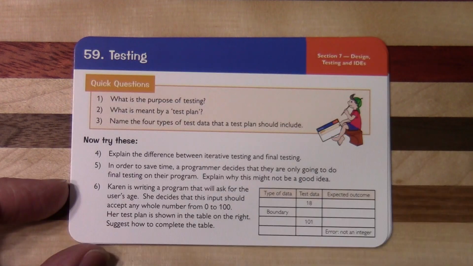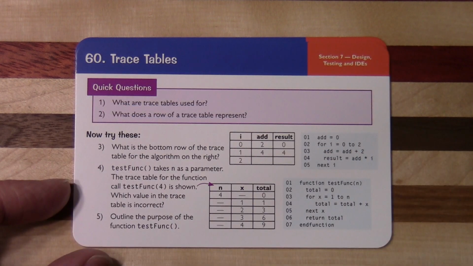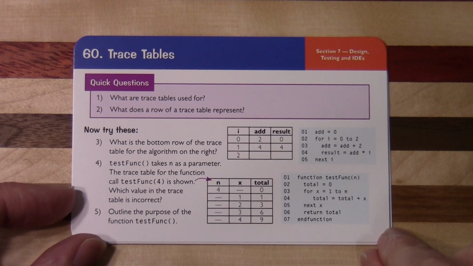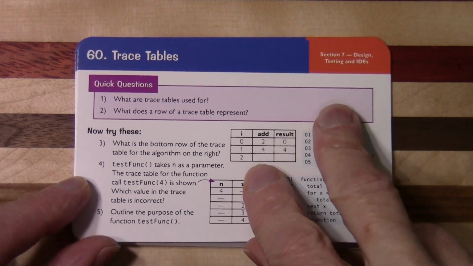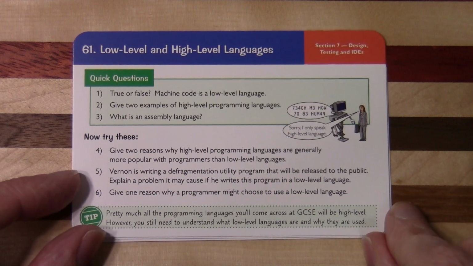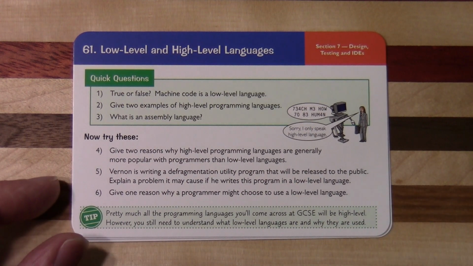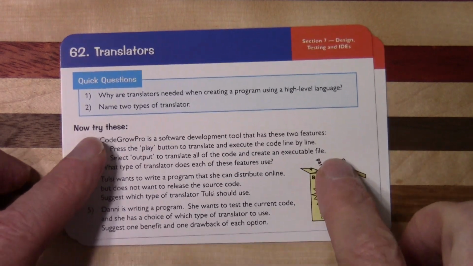I mainly got the idea for the mapping from looking at City and Guilds material, and I've always found their course specifications to be fantastic in that respect, in terms of mapping everything, the outcomes to questions and stuff that you're going to be tested on.